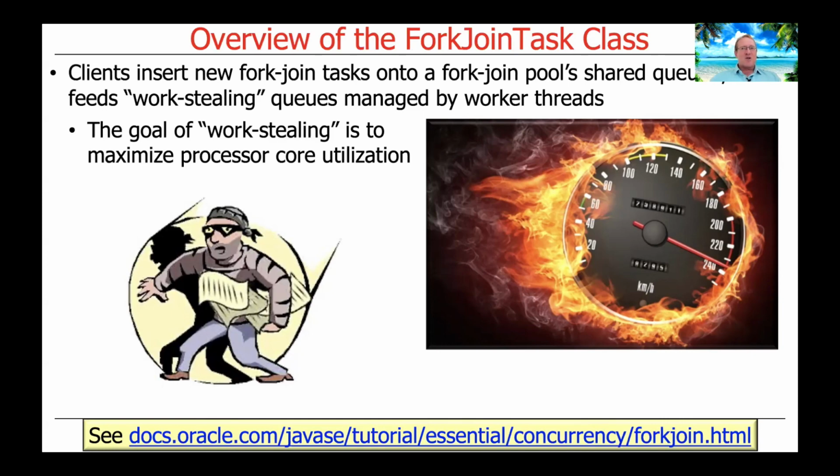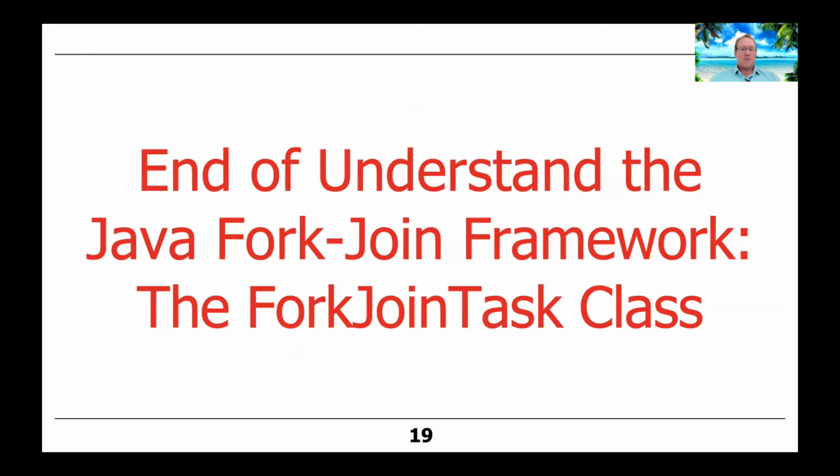And so the same thing is true with work stealing. The idea is to keep all the worker threads in the ForkJoinPool, which of course map to the underlying processor cores, just as busy as you possibly can so that you get more work done per unit time. In other words, you maximally leverage the amount of processor core utilization.